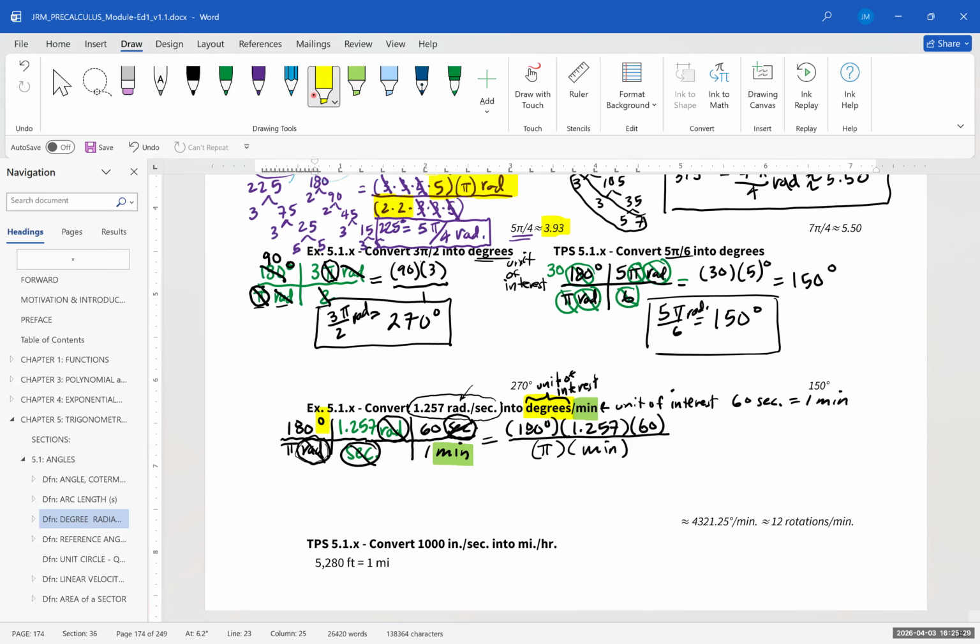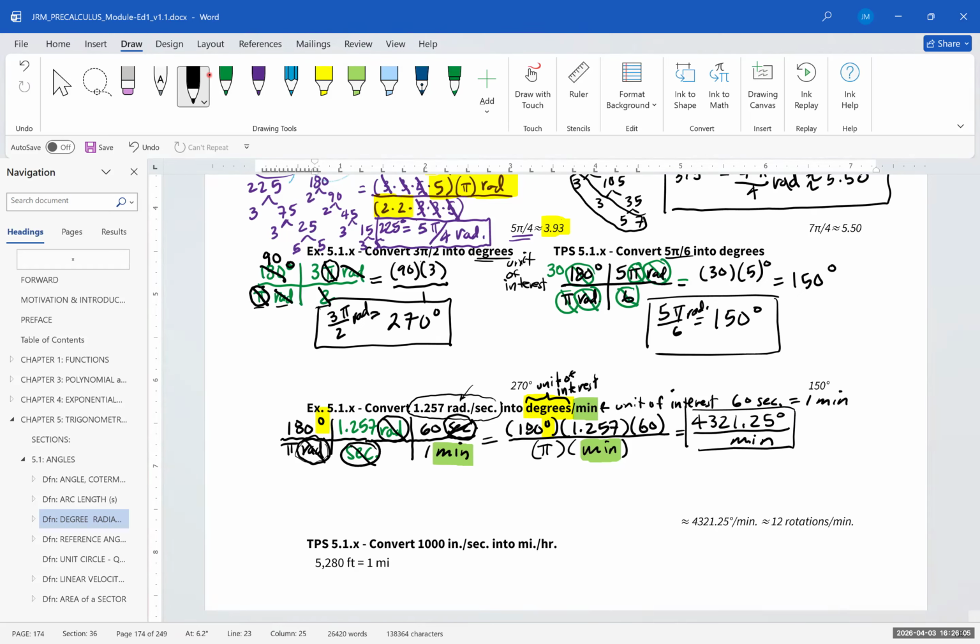So you can see that this calculation we're going to do is in degrees per minute, and it's just using all the values that are left over. Now, if you multiply everything in the numerator and divide by pi, what you're going to get is 4,321.25 degrees per minute.